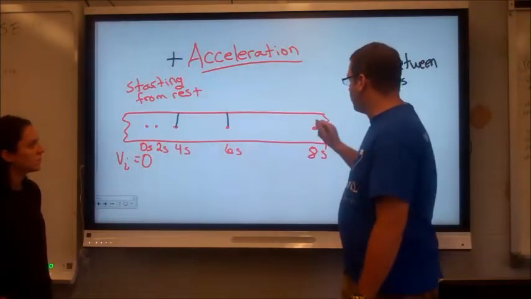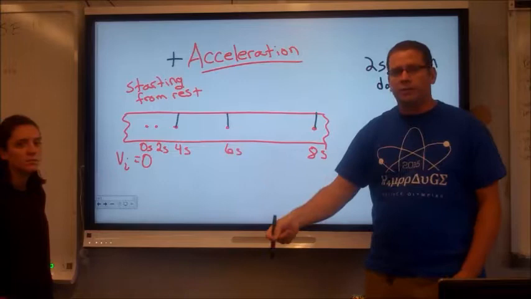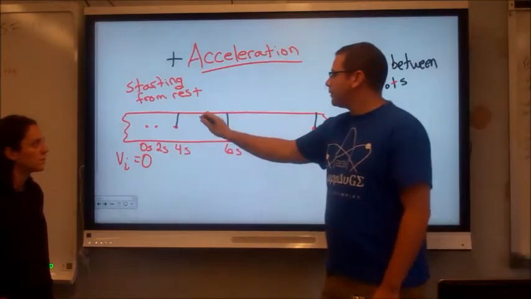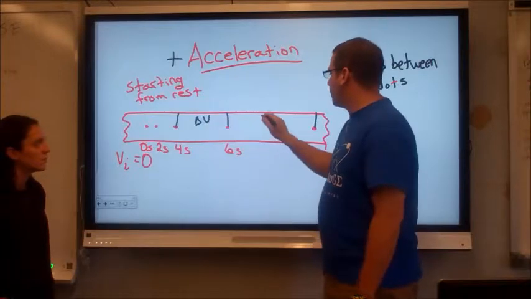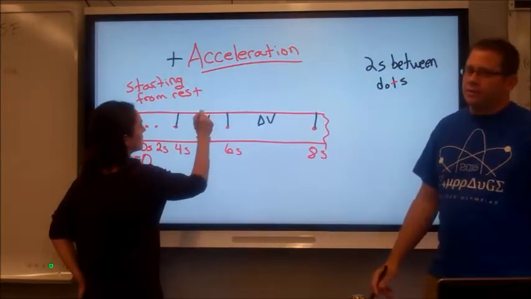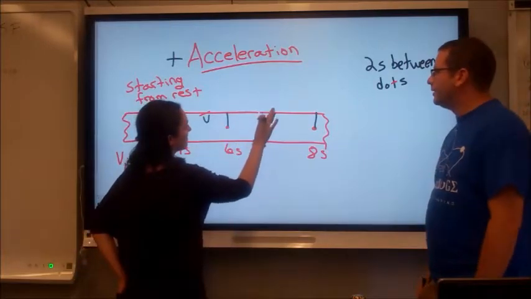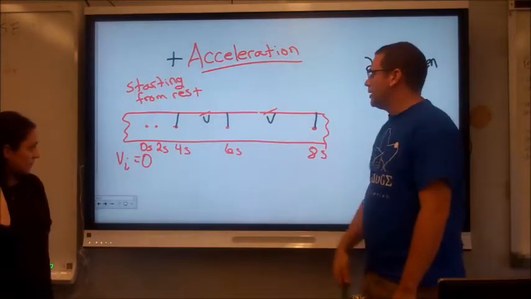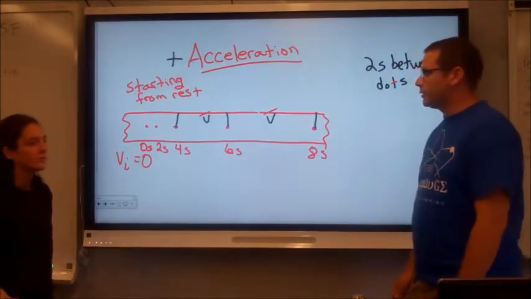Measure the distance between these two dots and divide it by the time difference of 2 seconds. With that information, you can find the average velocity here and the average velocity here. Oh, yeah, sorry, that's not delta, change in velocity. My bad. So it will be V bar. You can find the average velocity between these two dots and the average velocity between these two dots.